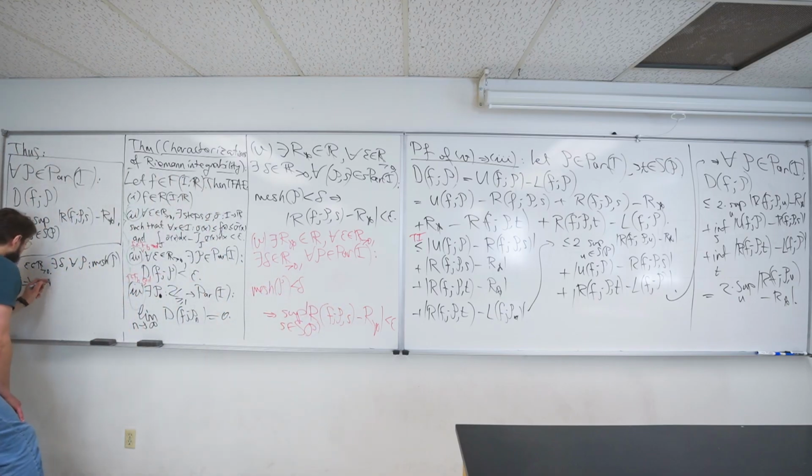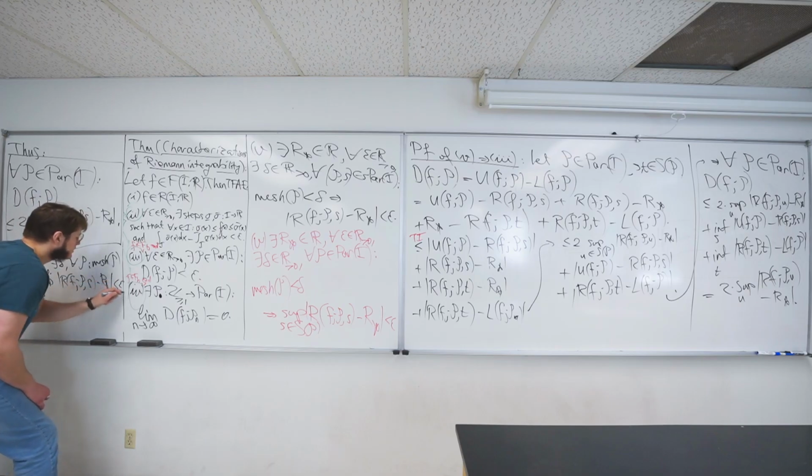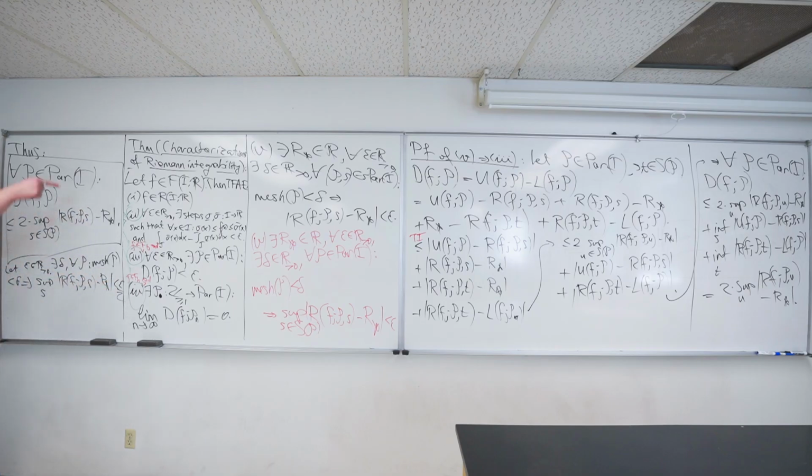Then the sup over all s's of the distance between the associated Riemann sum and R star is bounded by epsilon over 2, which means that for this partition, the Darboux aperture would be bounded by epsilon.